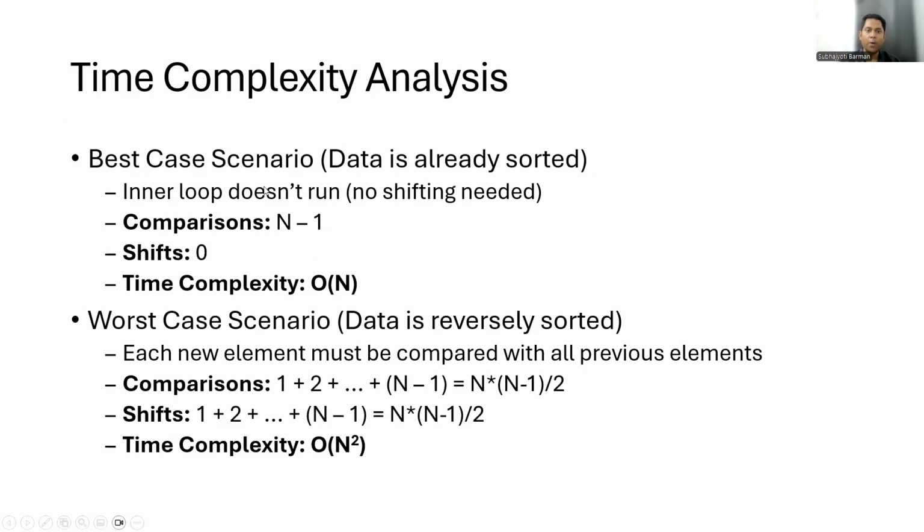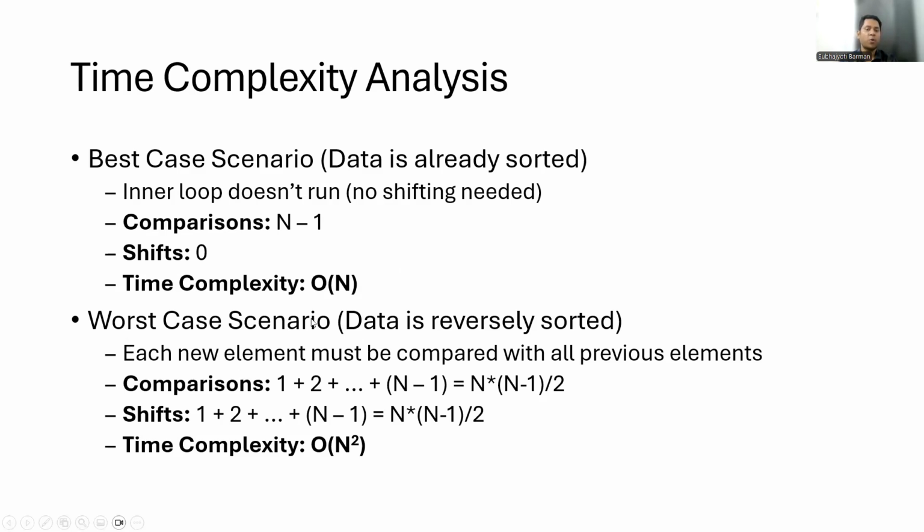So ultimately, how many comparisons are required? Only n minus 1 comparisons. And if the while loop executes 0 times, the number of shifts will also remain 0. In that case, time complexity will become order of n.